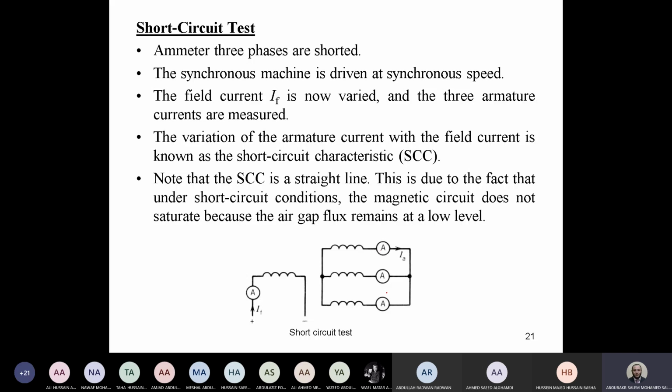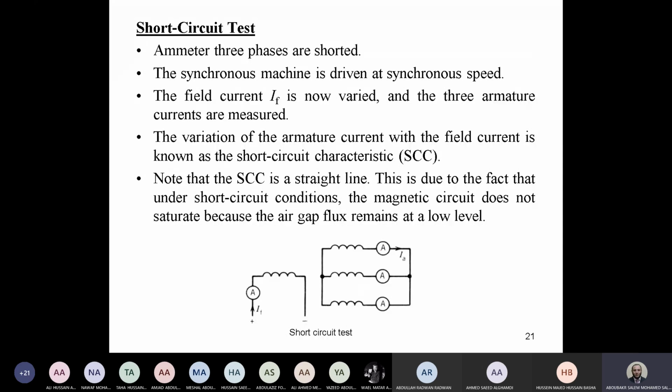We assume all the time that the three phases are identical, so it's balanced all the time. So the three impedances are equal and the current will also be equal. So it's sufficient to use only one ammeter. However, we can use three to check the accuracy.